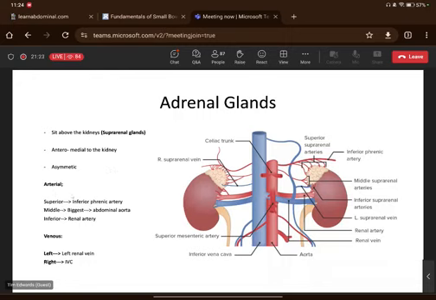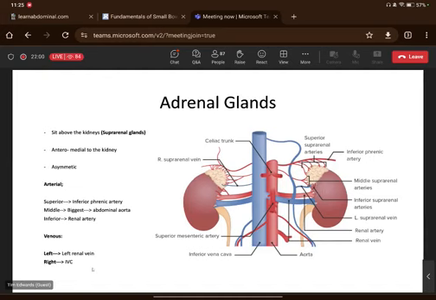In terms of arterial supply, this isn't something that you're generally going to be able to see on imaging, but for the anatomy, it's worth knowing that the superior portion is supplied by the inferior phrenic artery. The biggest section is the middle section, which is supplied by the abdominal aorta directly. So we can see here on the schematic, and then the inferior portion is supplied by the renal artery.